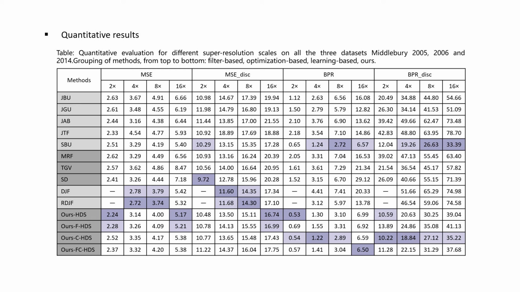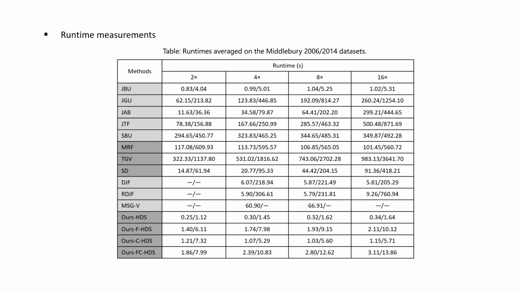FCHDS takes advantage of FHDS and CHDS, and yields the best result by taking both visual comparison and quantitative analysis into account. In terms of runtime, the proposed methods outperform most of the baselines. The basic HDS model achieves 7.6 Hz using parallel computation on CPU.